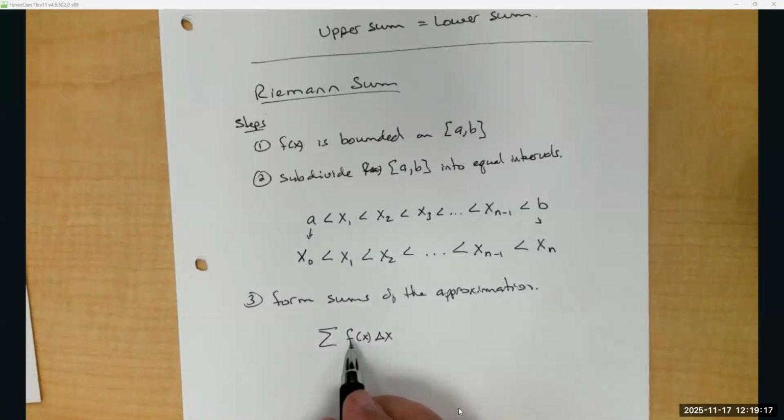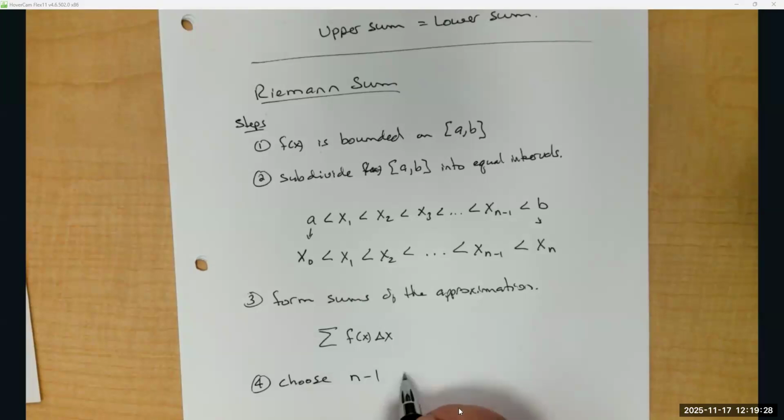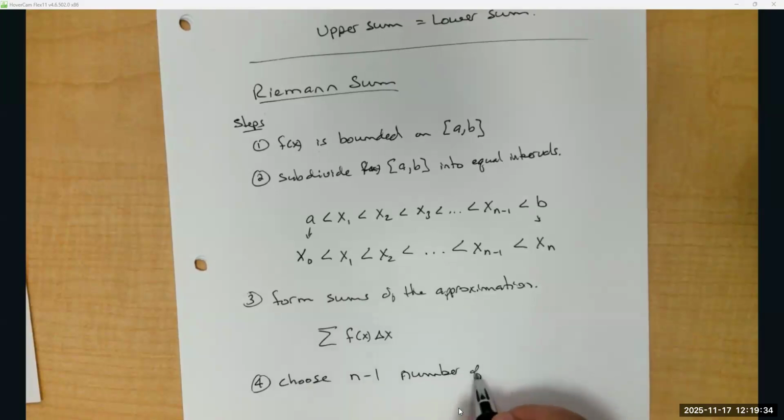And that's what you're trying to get to here. Choose n minus 1 number of points, and place them in increasing order.